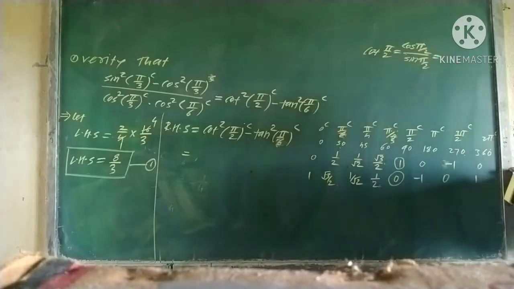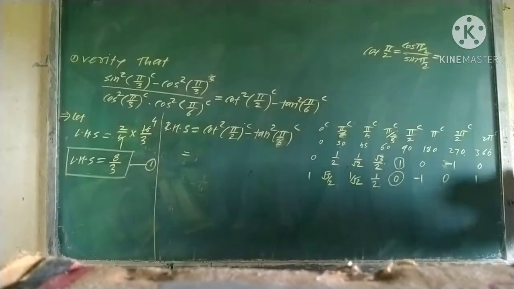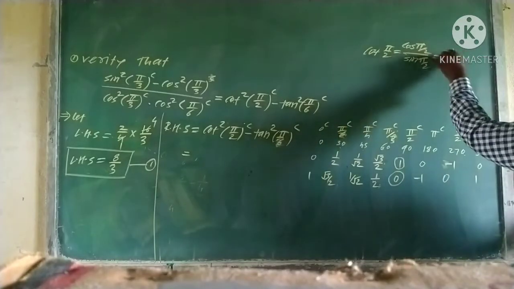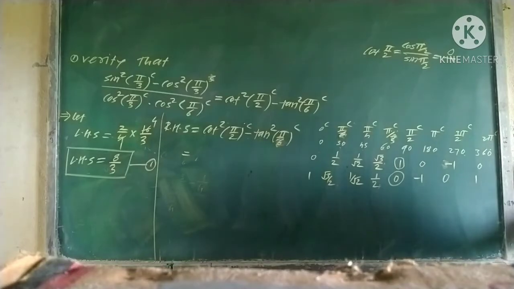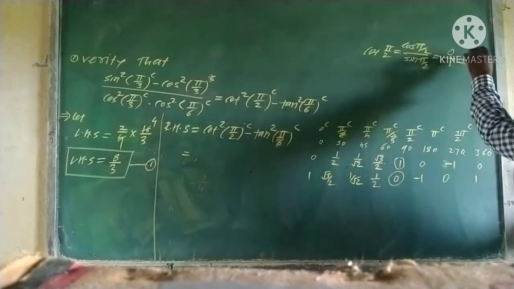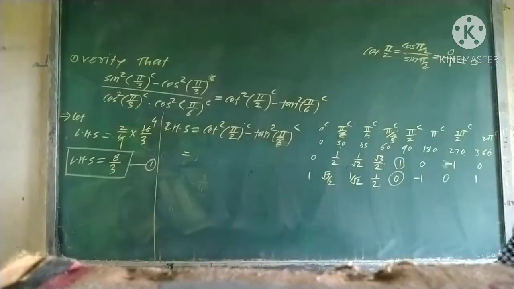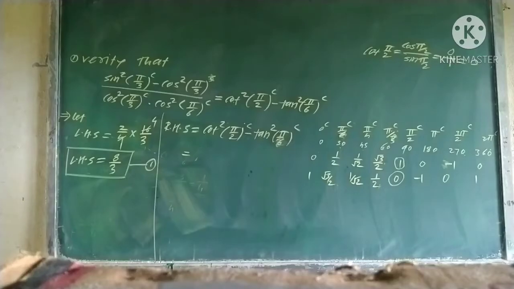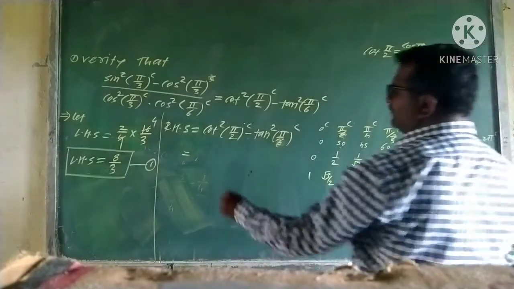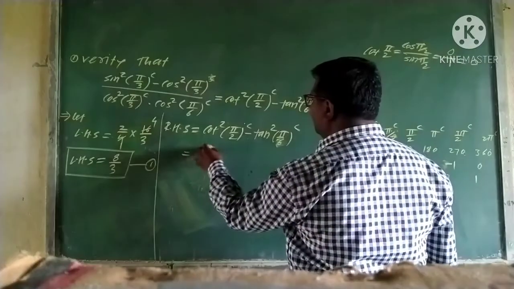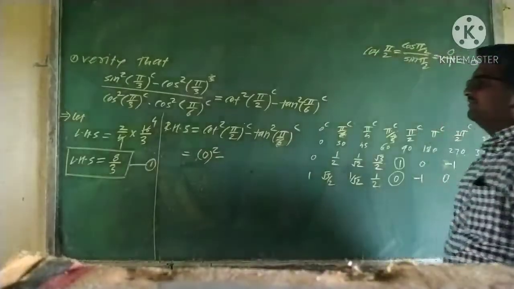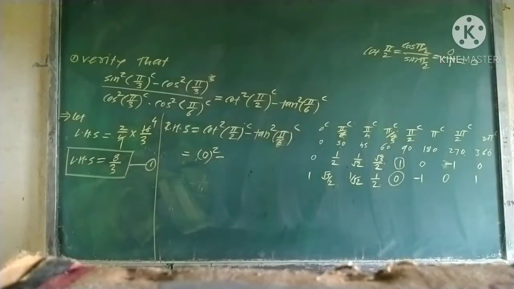Now we have cos of pi upon 2 is 0, sine of pi upon 2 is equal to 1, so this term is equal to 0. Means this value is 0, its square, minus tan of pi upon 6.